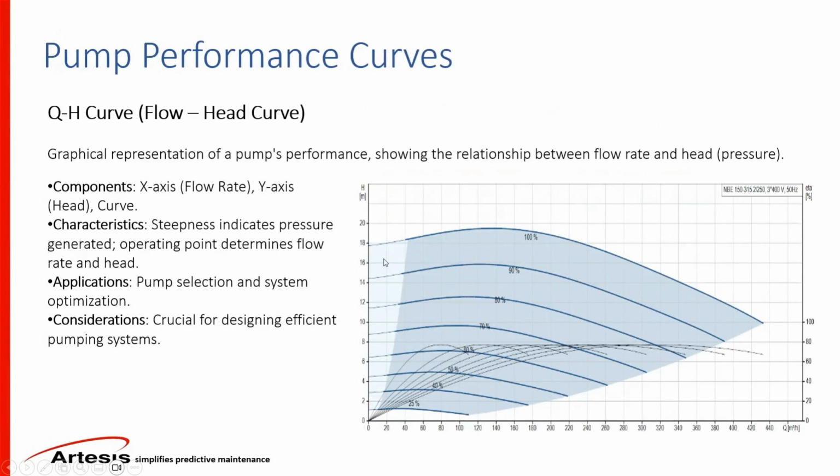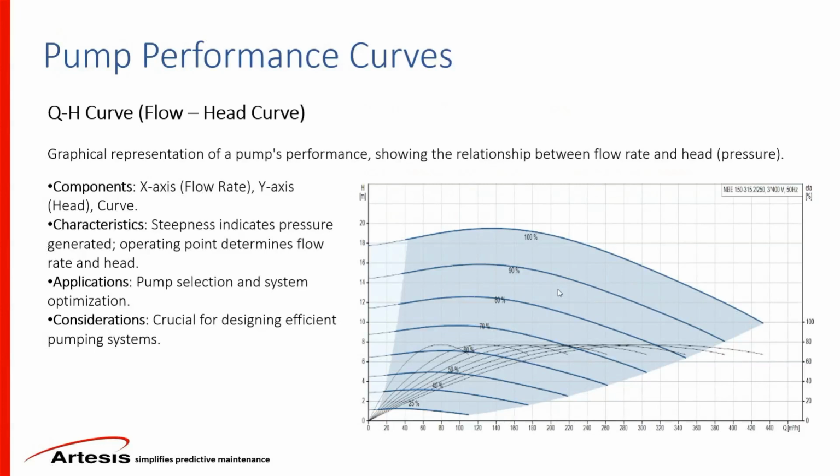There's not one single pump curve, right? At 100%, this is your pump curve. At 90% speed, this is your second pump curve. You can have as many curves here depending on the speed. This is important, and the curves of the pumps are provided by the manufacturer. When they manufacture and design the pump, they test it and provide the data sheet for it.